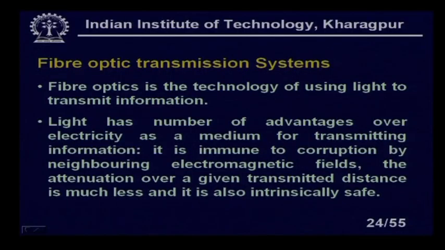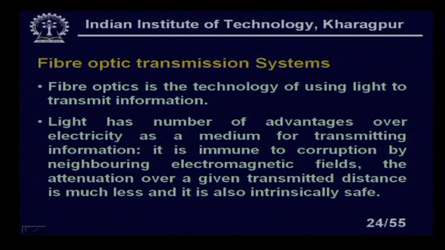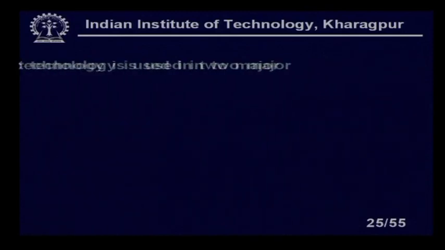Attenuation, in all electrical circuits there is attenuation. Here, attenuation over a given transmitted distance is much less, and it is also intrinsically safe, and since it is light, there are no hazards as such.